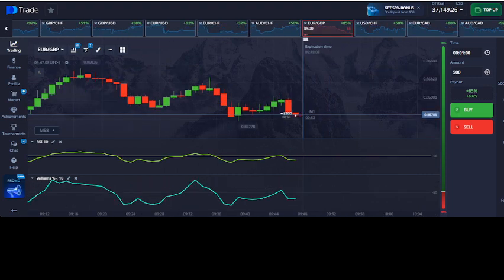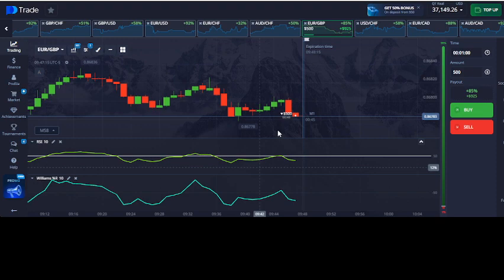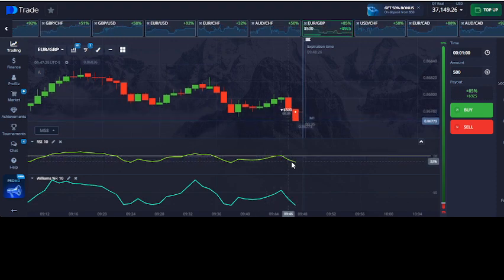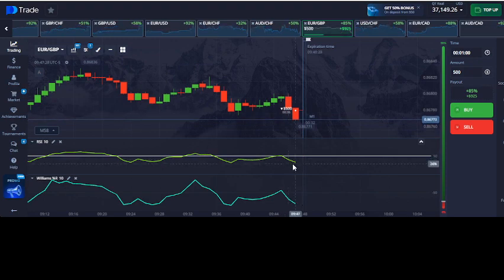Okay, so I'm on the Euro Great British Pound currency pair, and I just took a sell trade here. And the reason why I took the sell trade is, first of all, the RSI line crossed below the 50 line here in a downward direction.